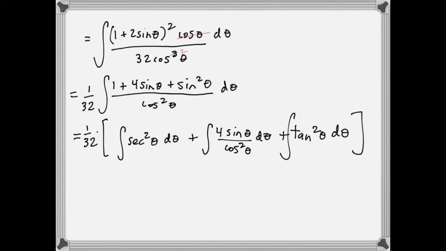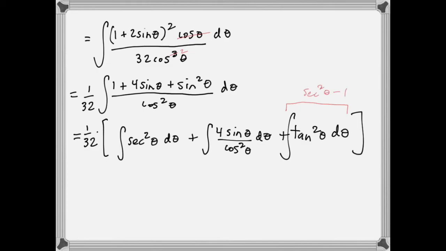Now, how do I do this? Something important to notice is that it may not seem like it, but this last integral and this first integral can actually be done together. And the reason why is that this guy, tan squared, is the same as secant squared theta minus 1, isn't it?